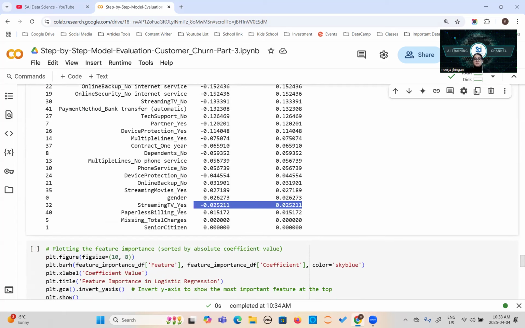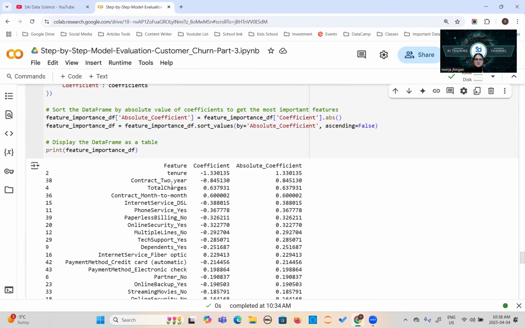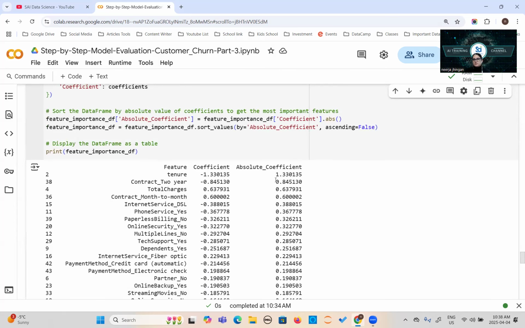Negative means negative correlation. Okay. Positive correlation is this one. Look at this tenure. It is coming on the top. Okay. So it is showing you the value of how much weightage it gives, 1.33. This is the coefficient weight it is giving to the tenure. So this means this is very important for your model.